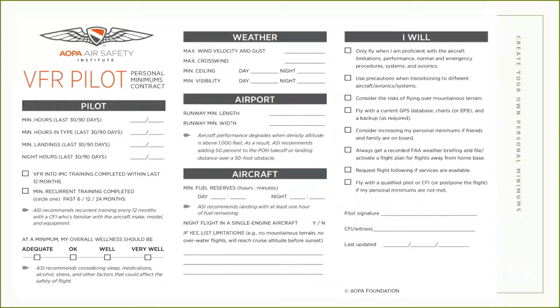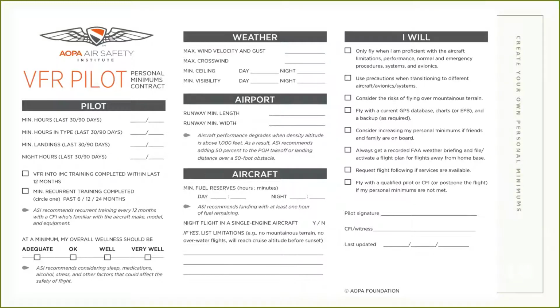So I passed out, and everyone should have a link to this. This is the VFR pilot personal minimums contract. I highly, highly, highly recommend that you fill this in and discuss it with your CFI. Like I said before, this will change as you have more experience, as you encounter different situations.